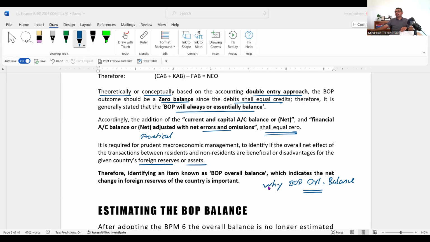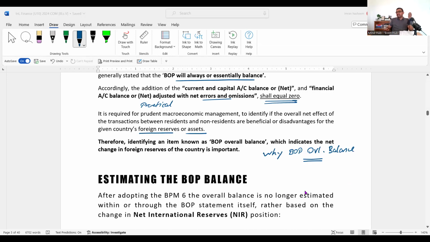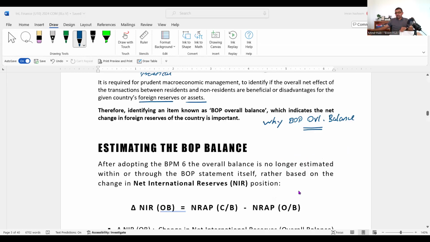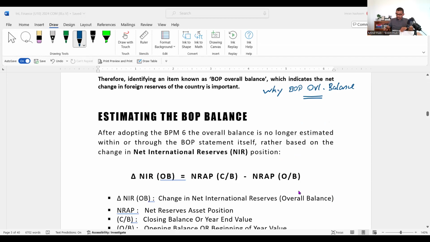Right, done? Okay. So then it says, therefore, identifying the item known as BOP overall balance, which indicates the net change in foreign reserves of the country, is important. No argument there. How do we do this?